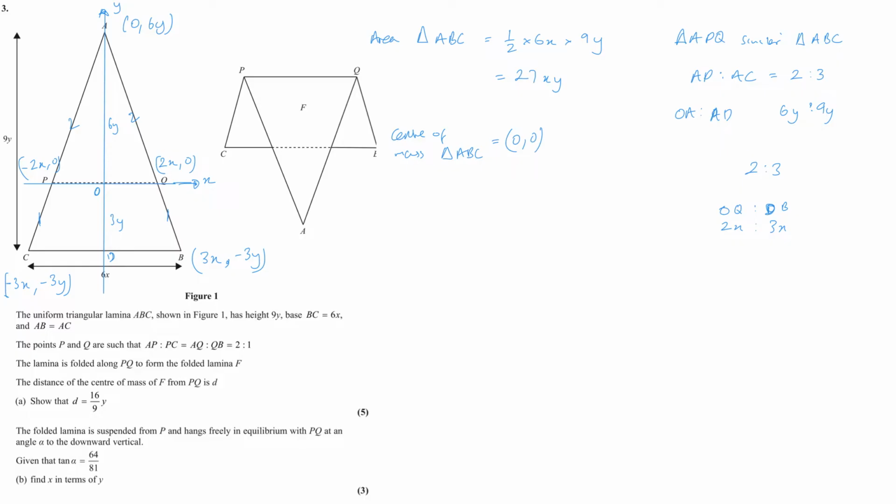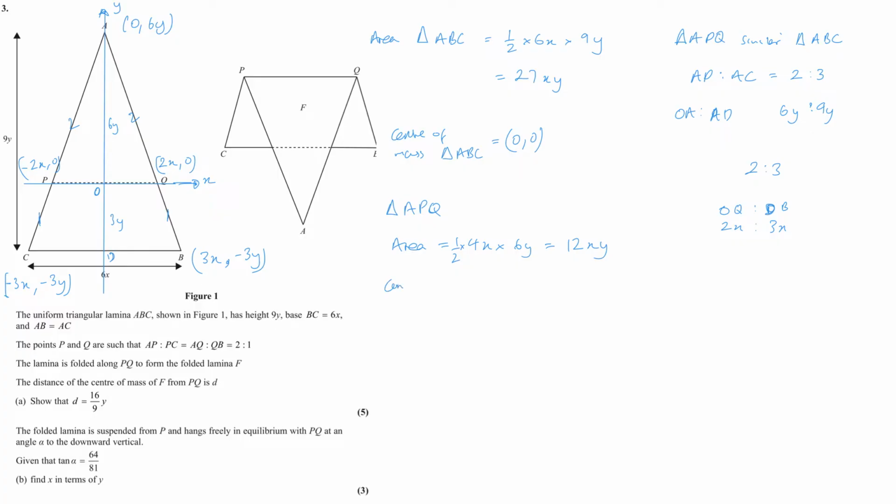And now we want to work out the area and centre of mass of triangle APQ. So triangle APQ. Area, well, the distance across there from P to Q is 4x, half times 4x, the height is 6y, so that is 12xy.